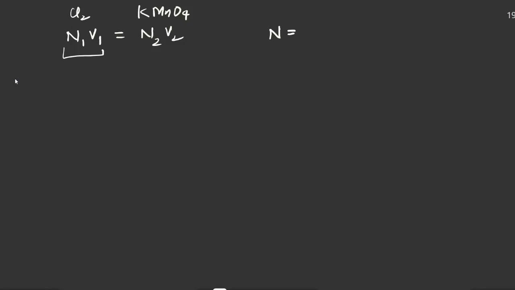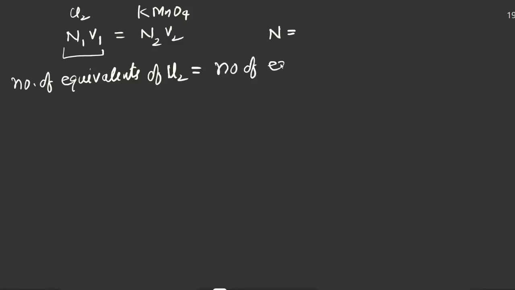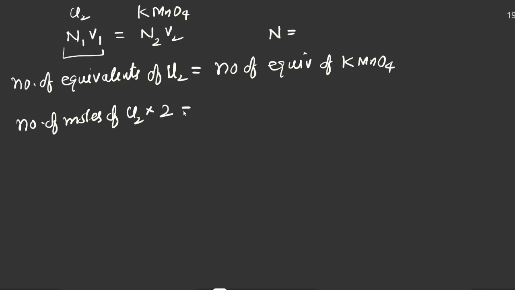Okay, you mean to say the number of equivalents of Cl2 equals the number of equivalents of KMnO4, and then you proceed like the number of moles of Cl2 multiplied by 2 equal to the number of moles of KMnO4 multiplied by 5, right?